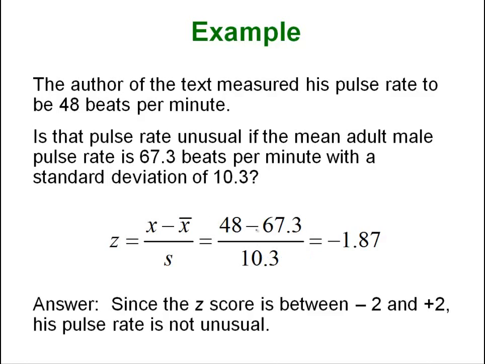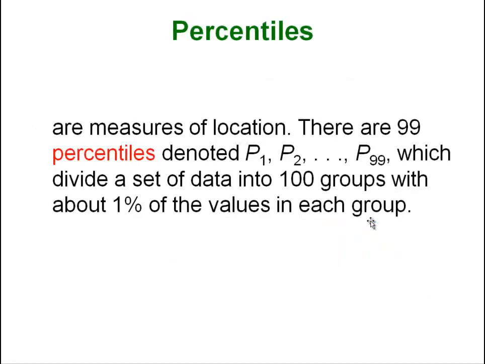If you want to put that in your calculator and verify, you'll get an answer of negative 1.87. And since that is within that 2 standard deviation range, it's not considered unusual. It has to be bigger than 2 or smaller than negative 2, i.e. it has to be a distance of more than 2 from the mean.